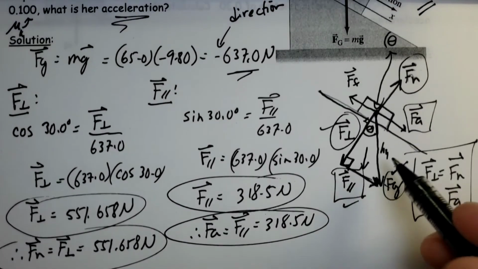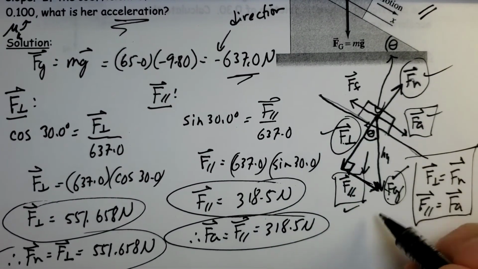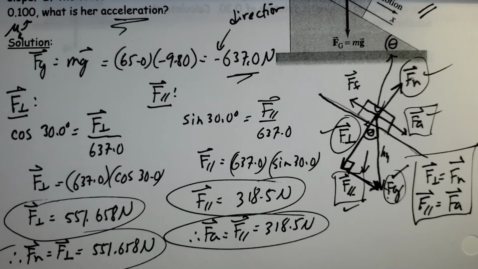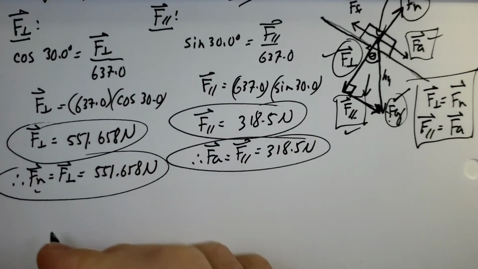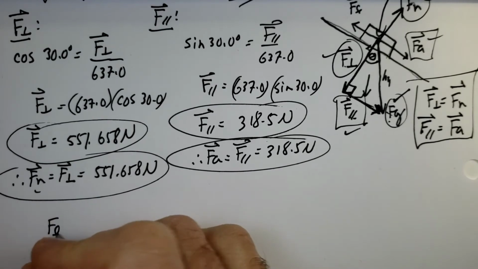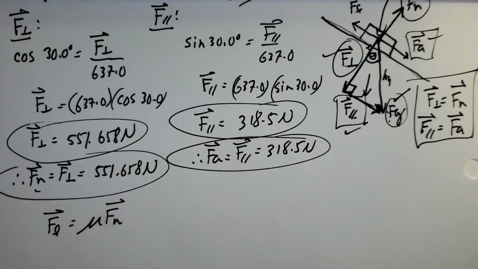Okay, so let's see, we know this, we know this, we know this. We know FA, we know Fn. That just leaves friction here. And we can figure out friction because we know what Fn is. Because the force of friction is equal to mu multiplied by Fn. So how we define friction there.